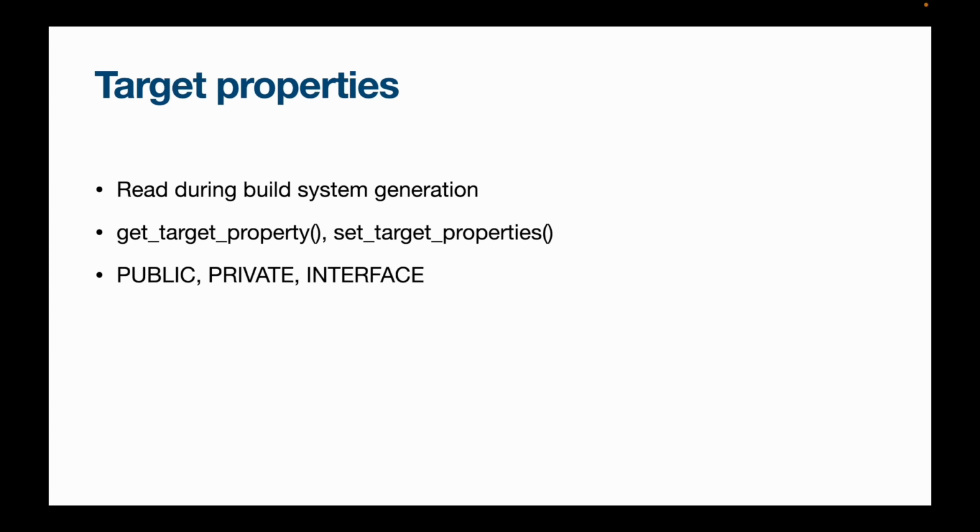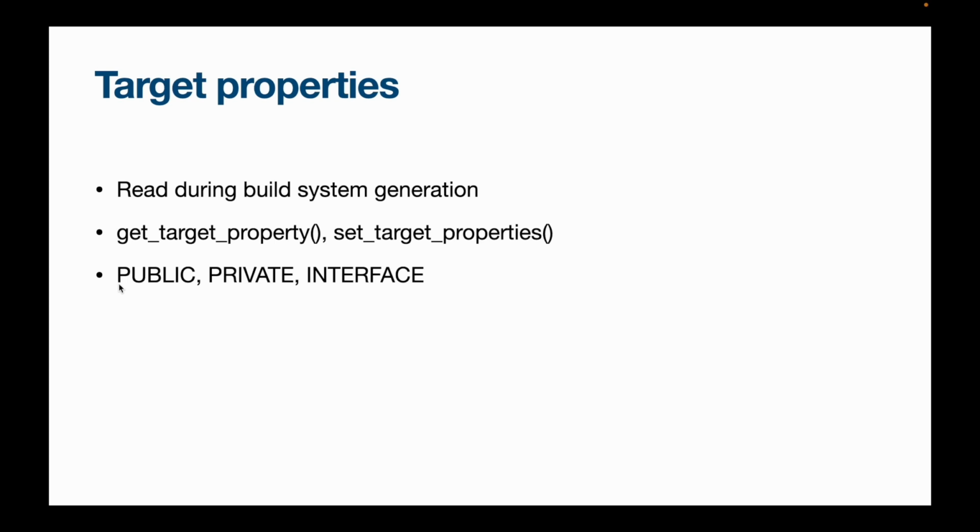So this might be something like include paths or compiler flags, and this can be completely localized to just one target because not every single person in the build graph is going to need the same include directories or the same compile flags. And so that's why this private target property scope exists.